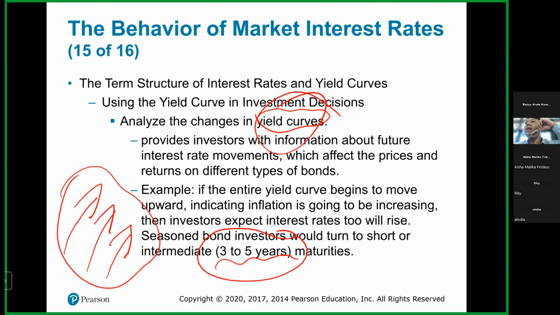So if they are seeing that the interest rate goes up, they will just buy short or intermediate bonds. But if they are expecting that the interest rate will go down in the near future, they will try to look for longer maturities.